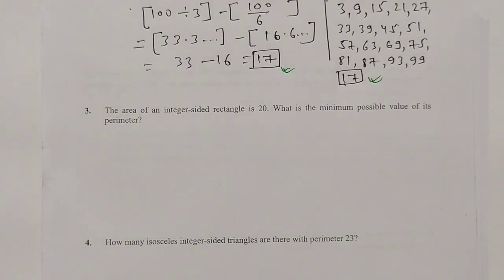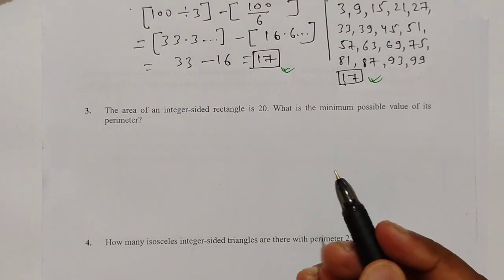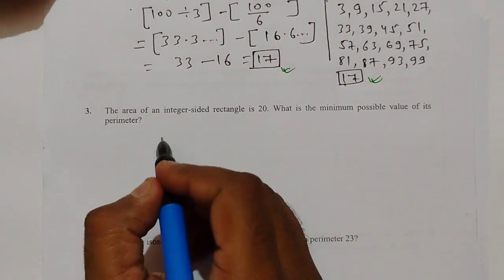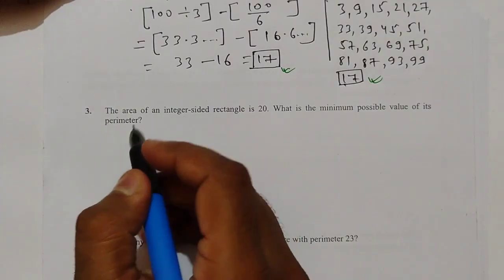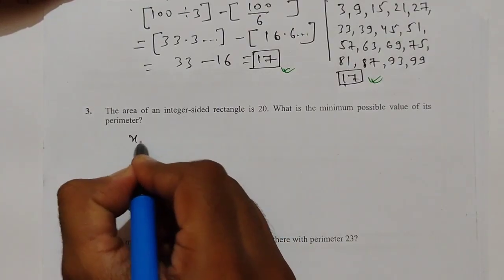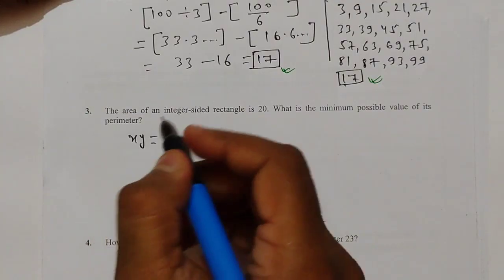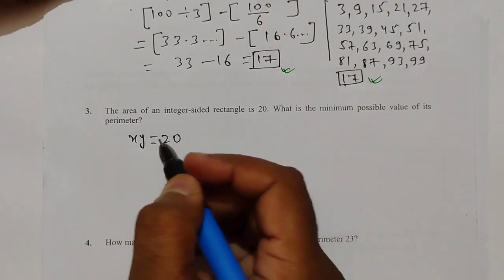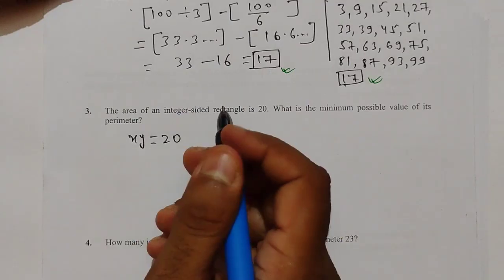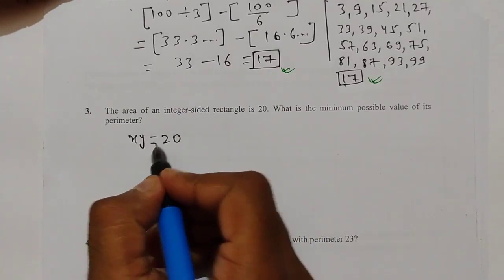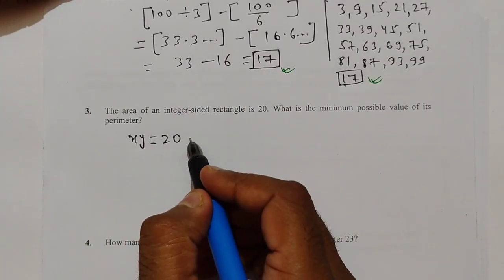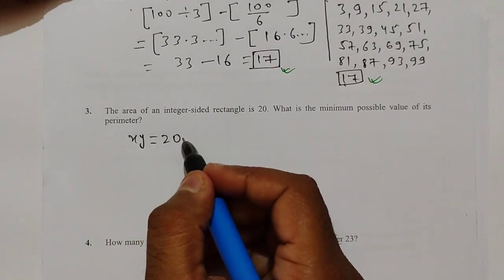We can solve this using the concept of area. If we take the length and breadth as x and y, then xy is equal to 20, and both x and y are positive integers.